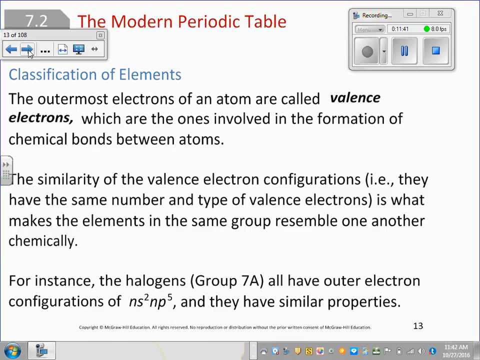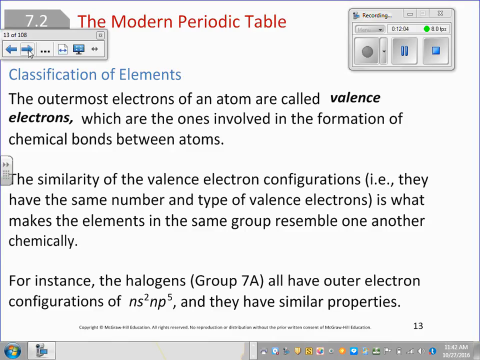Which is why I like to use the 1, 2, 3, 4, 5, 6, 7, 8A rather than 1, 2, 13, 14, 15, 16, 17, and 18. Because now I look at the column number and I know how many valence electrons, which will be important later on.